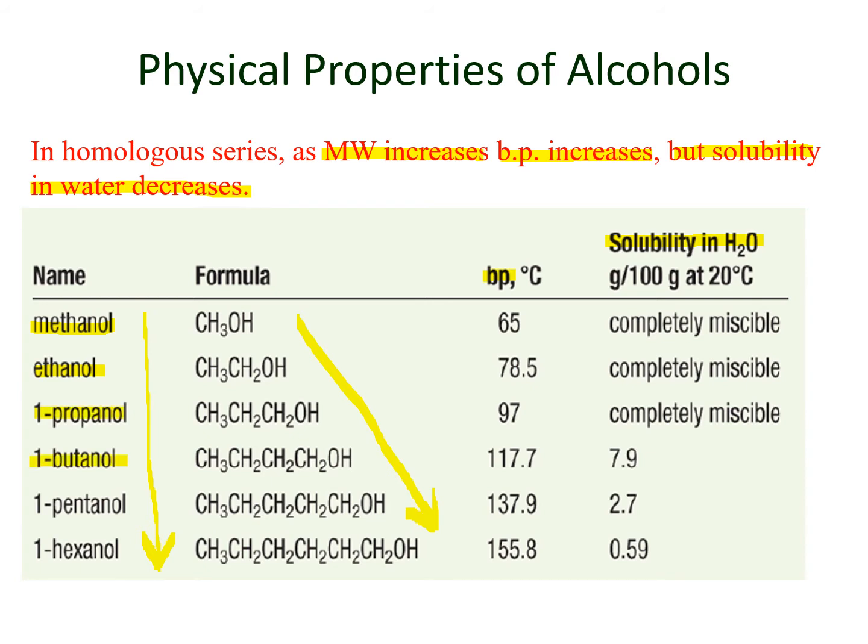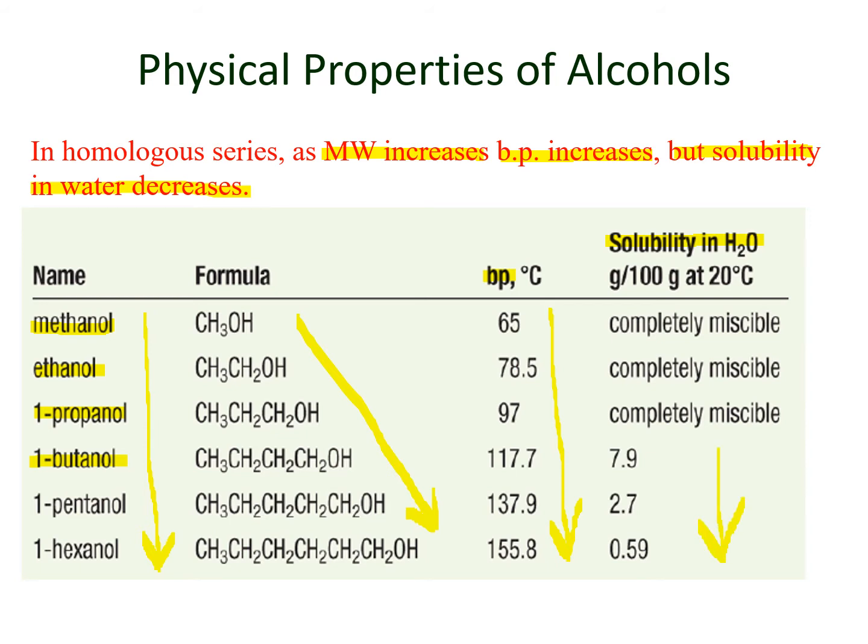Going from top to bottom, we are increasing in molecular weight, and we can see that the boiling point is also increasing as we go down. The smallest one has 65 degrees Celsius, whereas hexanol has a higher boiling point of 155.8 degrees Celsius. When we go down the table, we can see that solubility is decreasing.